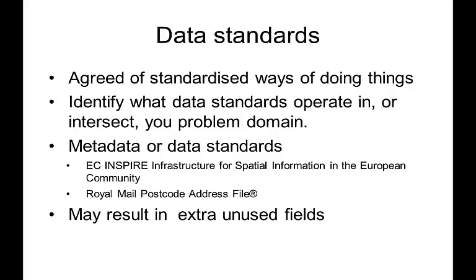So, for example, we discussed this briefly last week. The Royal Mail postal address file is the list of postcodes and addresses for the United Kingdom maintained by the Royal Mail. That provides a de facto standard for UK addresses. It is not agreed by any standards organisation.